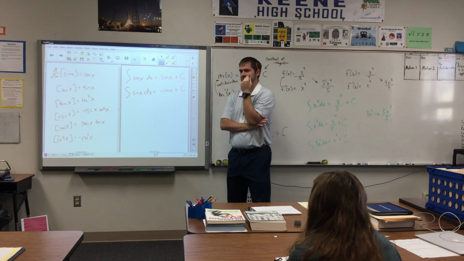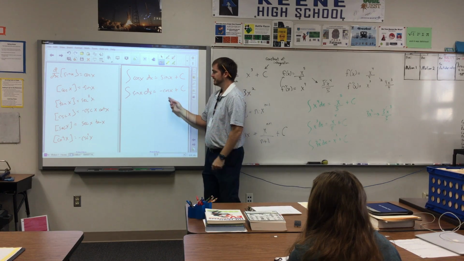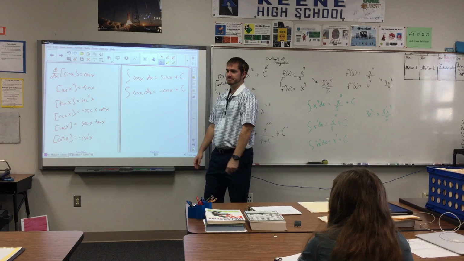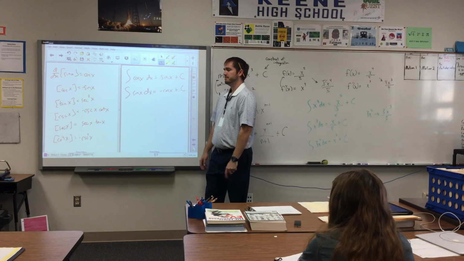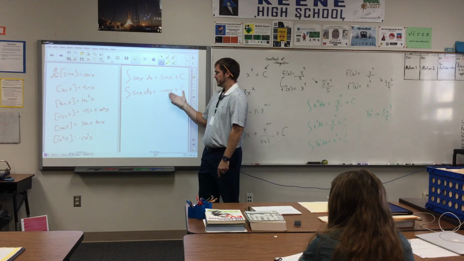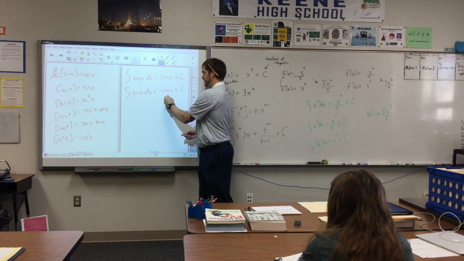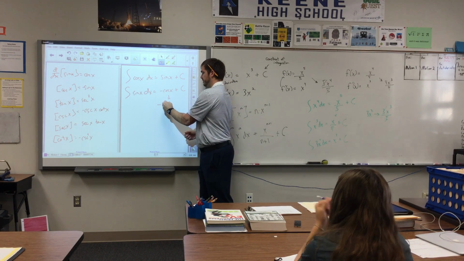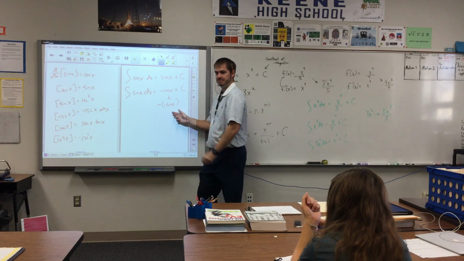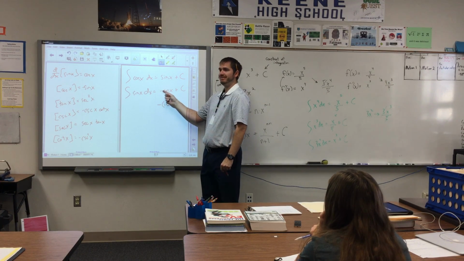Why is it not just cosine? Because if you take the derivative of cosine, it would be negative sine. Since it's positive sine, you have to have the negative. If you check it, the derivative of negative cosine is going to be negative, negative sine, which is positive sine. That's why you have to have that negative there.